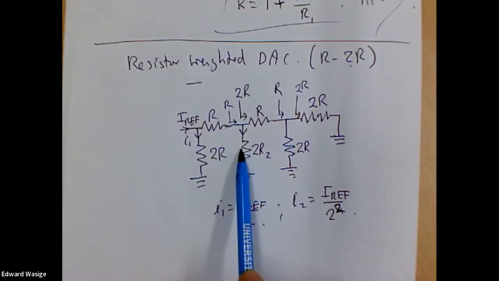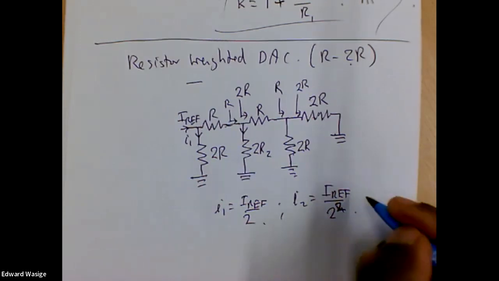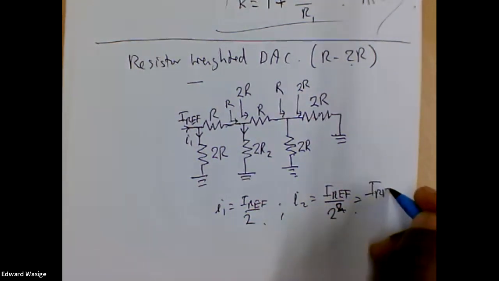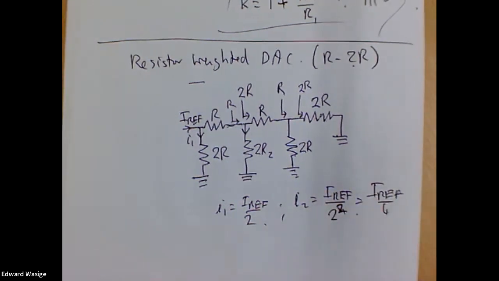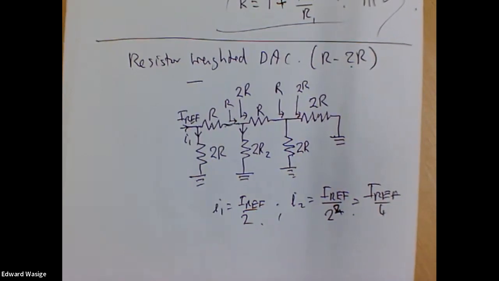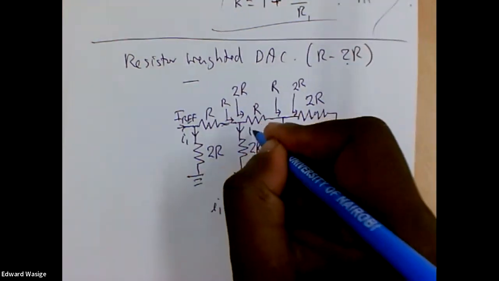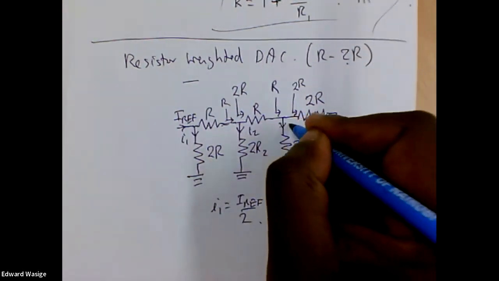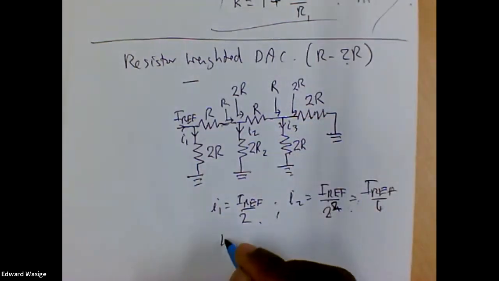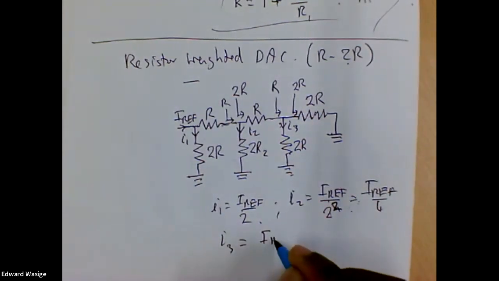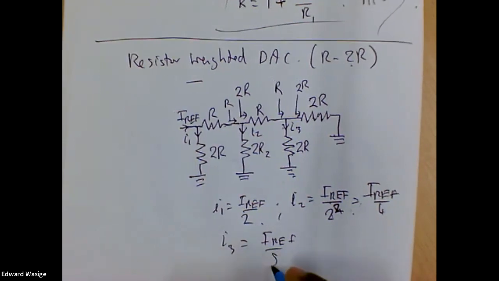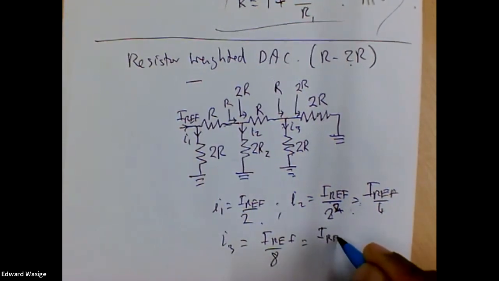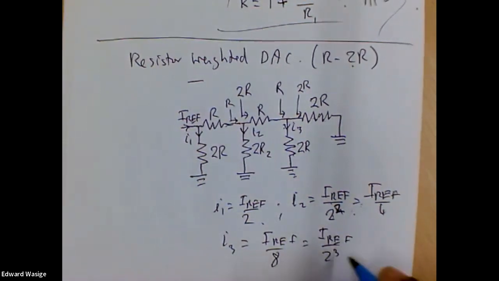So only half the current comes there, and therefore I2 is IREF over 4, which is IREF over 2 squared. And I3, you should be able to see that this is IREF over 8, or the reference current over 2 cubed.